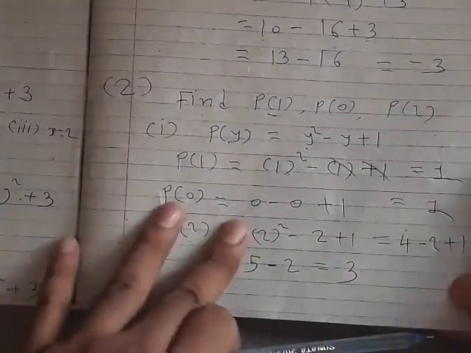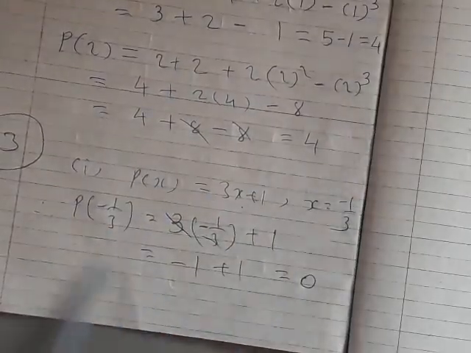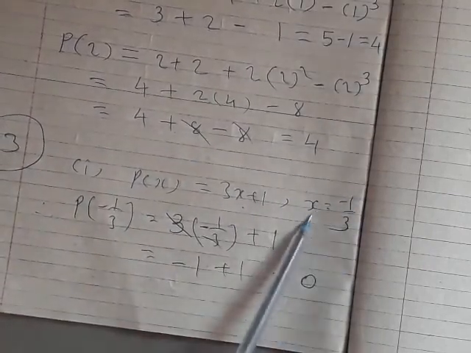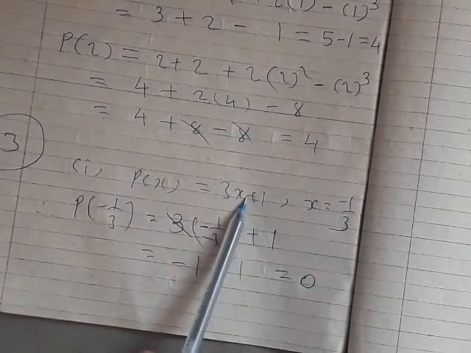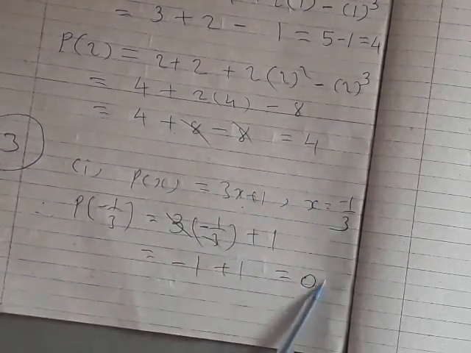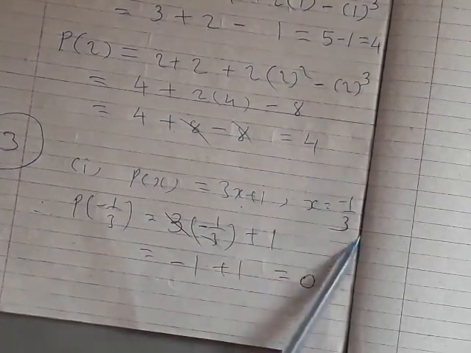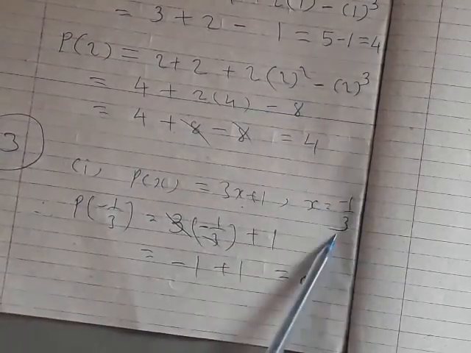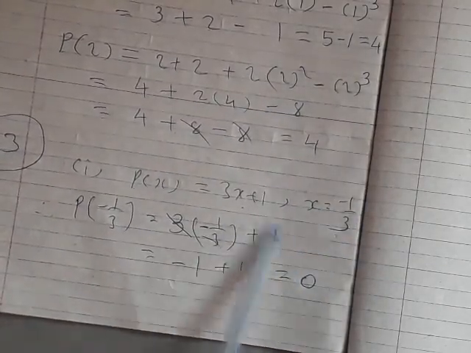But here you can say that when we put this value of the variable inside the polynomial, we get the answer 0. So this value which is given is known as a zero of this polynomial.